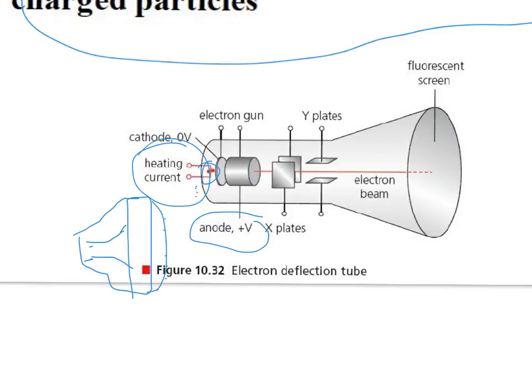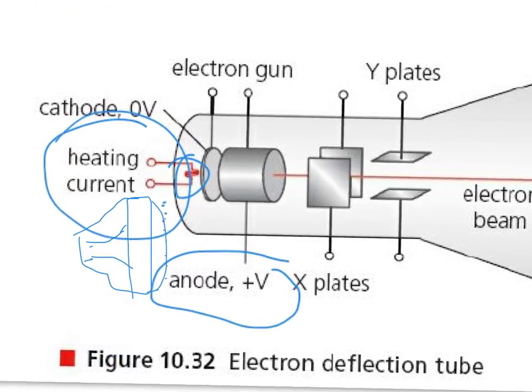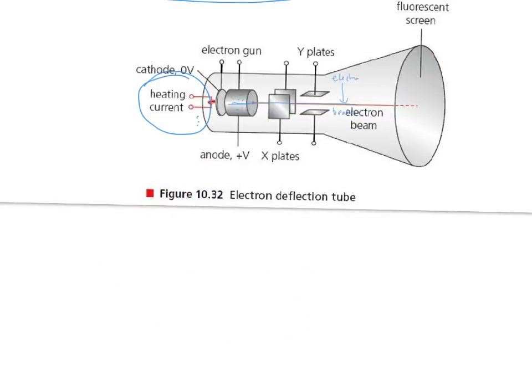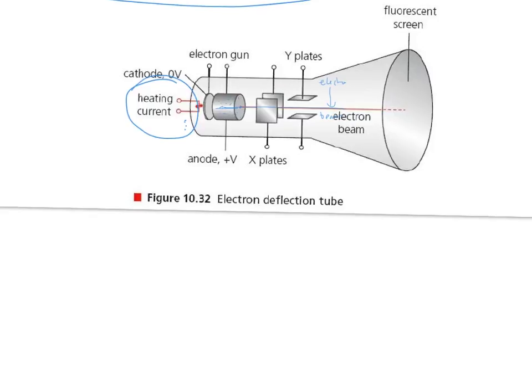So they accelerate through to the anode. They all go flying. Electrons that hit the anode's little hole will come flying out and give you a tiny little electron beam, and you'd end up with a dot on the fluorescence screen here.